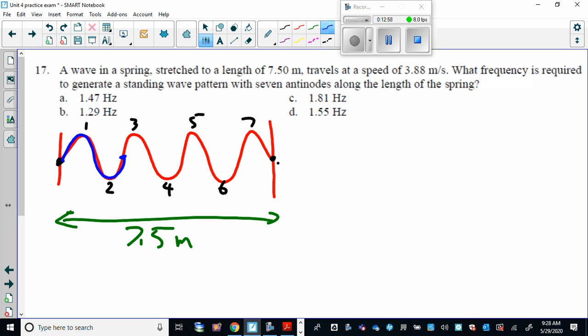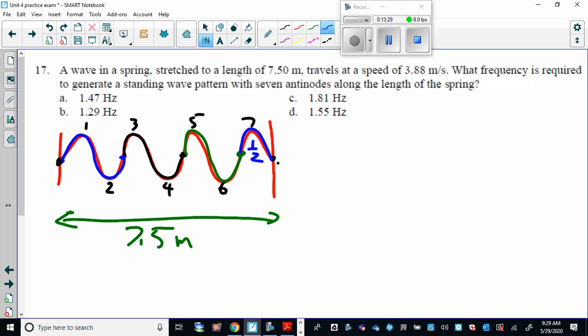The best way to figure this out is to figure out how many wavelengths there are altogether in the whole pattern. Well, there's 1, there's 2, there's 3, and there's a half of a wavelength. So in other words, there are 3.5 wavelengths stretched out over the 7.5 meter long spring.